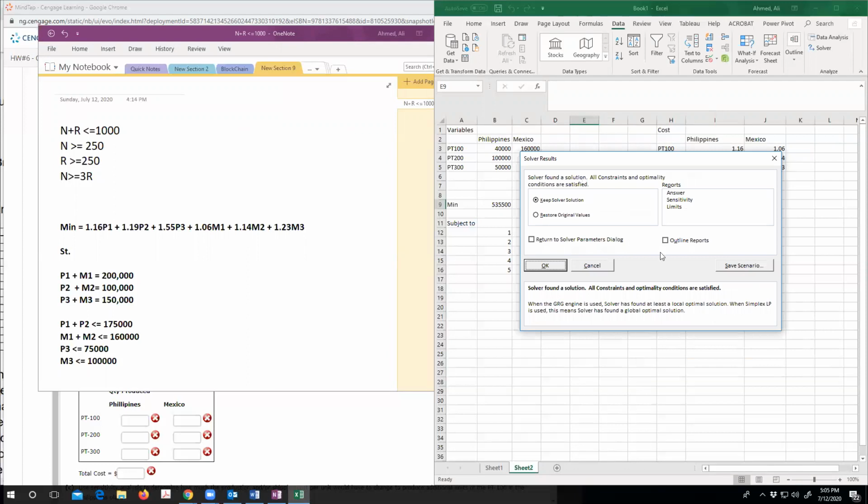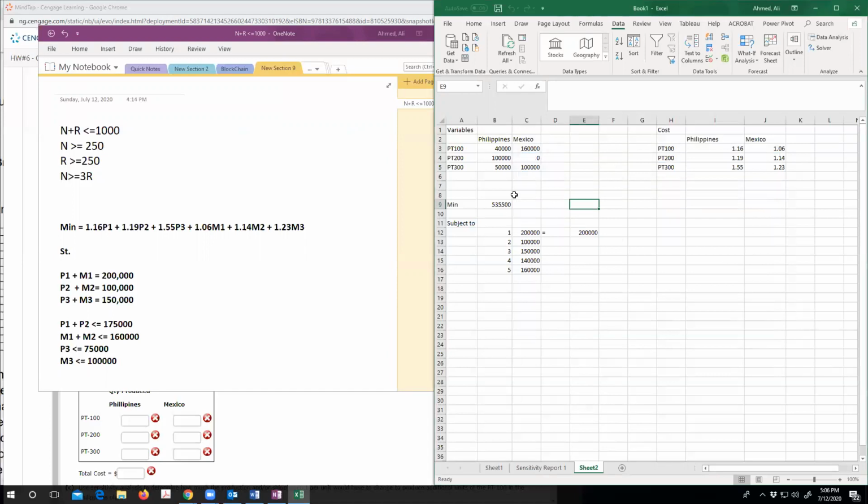So it just solved it. We can also run sensitivity analysis. I don't need the limits. So it solved this box, and this is automatically generated from here.